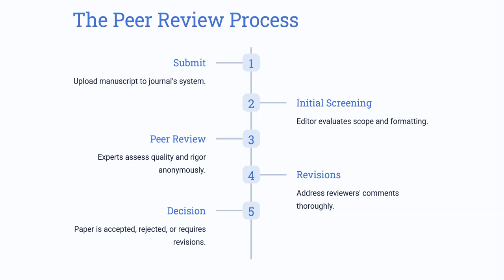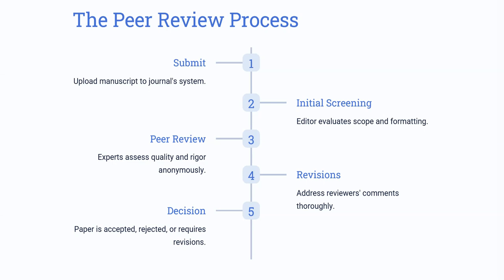After that comes the initial scanning. In the initial scanning, the editor evaluates the scope and the formatting of the paper, whether you have written in the right format. After that, there is a point from where your paper can be sent back to you. They might say this paper is not fit for our journal, or that your paper does not match our aim and objective.